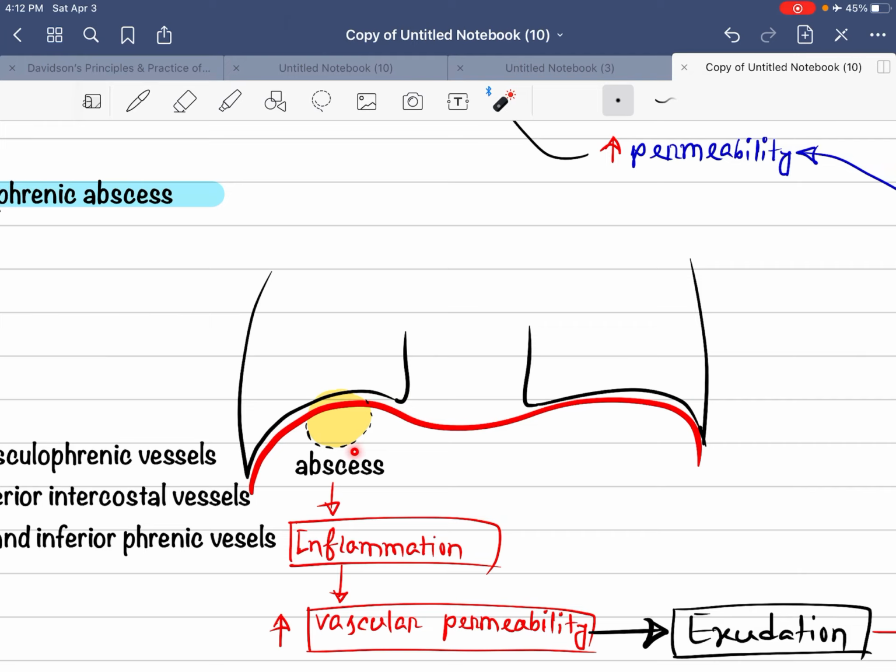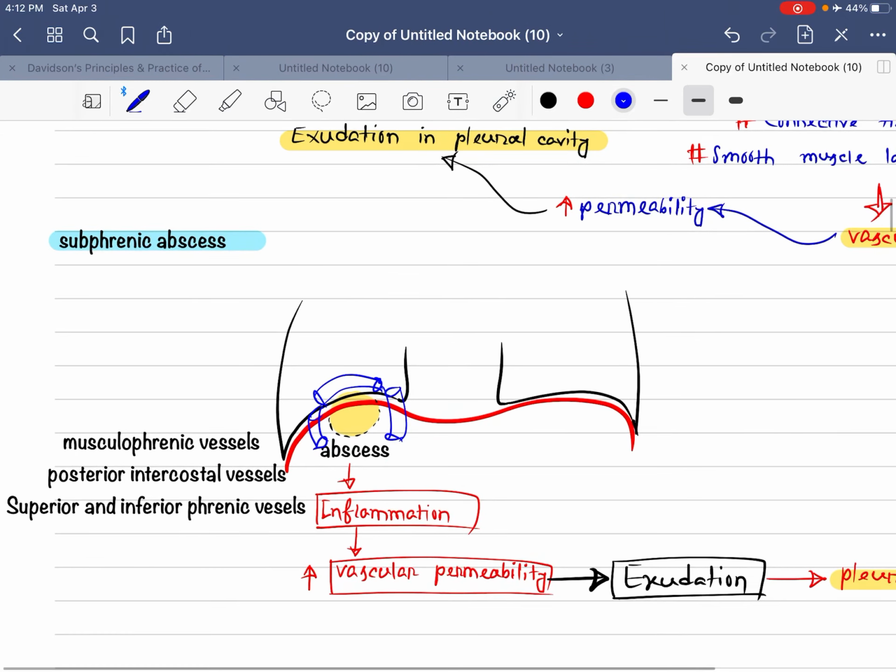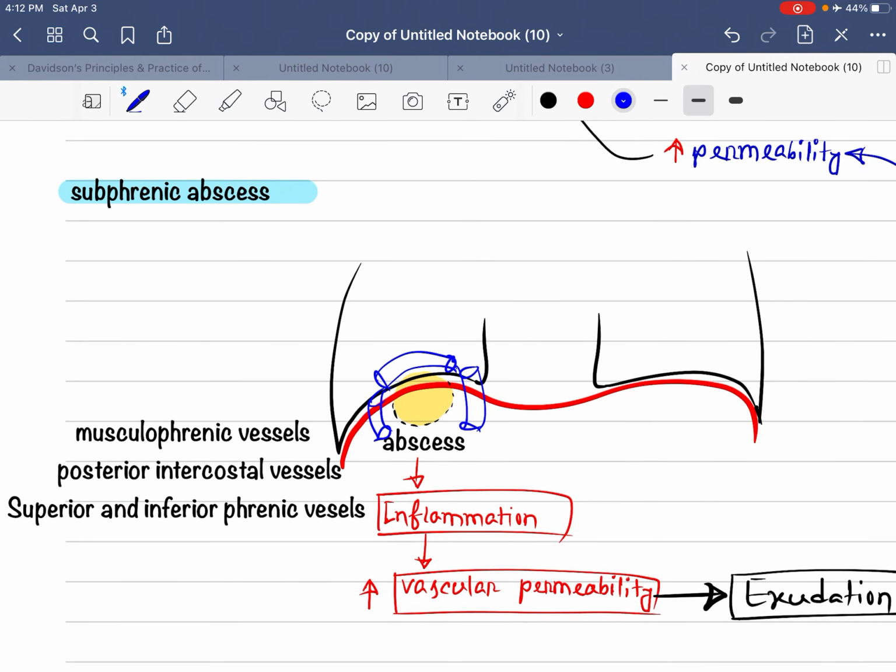So whenever there is an abscess formation in the diaphragm, that means a subdiaphragmatic abscess, the surrounding blood vessels, suppose these are the blood vessels surrounding the abscess. What are these blood vessels? You know that the blood vessels of the diaphragm are the musculophrenic vessels, posterior intercostal vessels, and superior and inferior phrenic vessels.